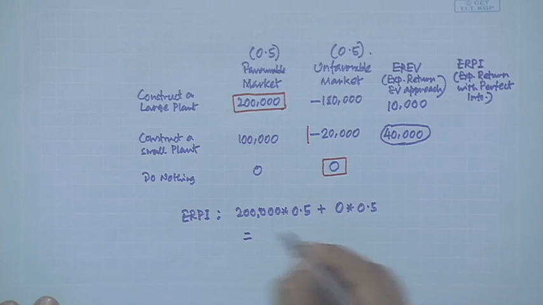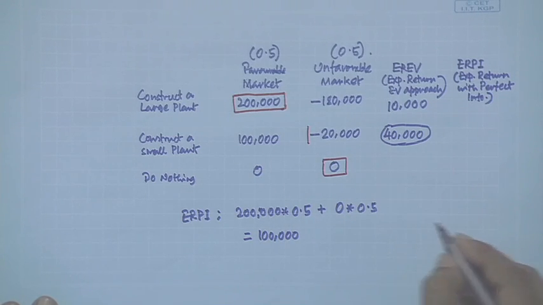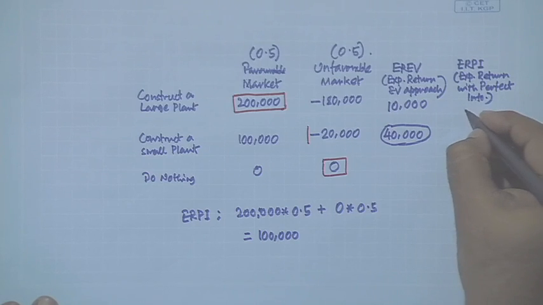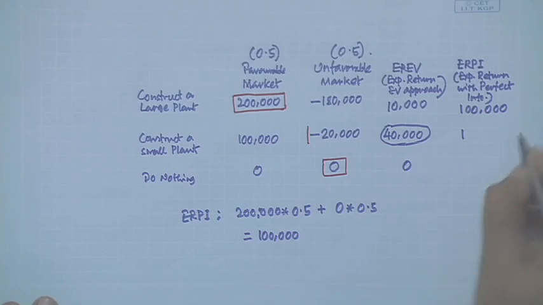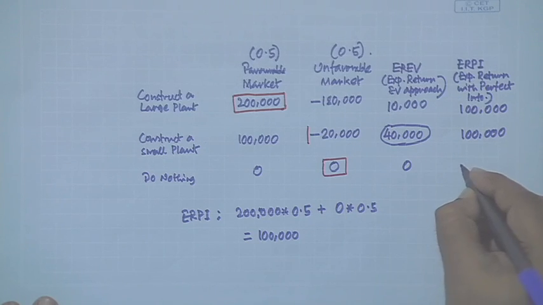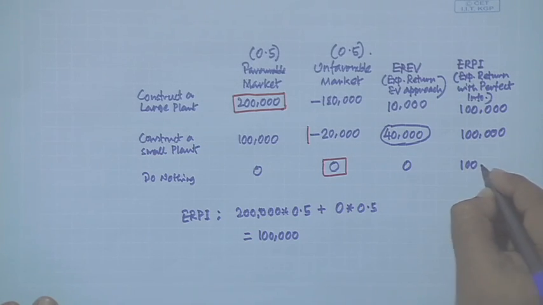So, the ERPI value comes out to be around 100,000, and this ERPI value of 100,000 is independent of whether we make this decision or the other decision, and therefore, that is what would have been our ERPI, 100,000.